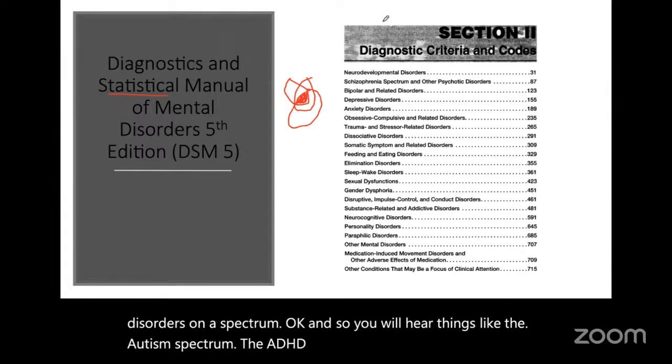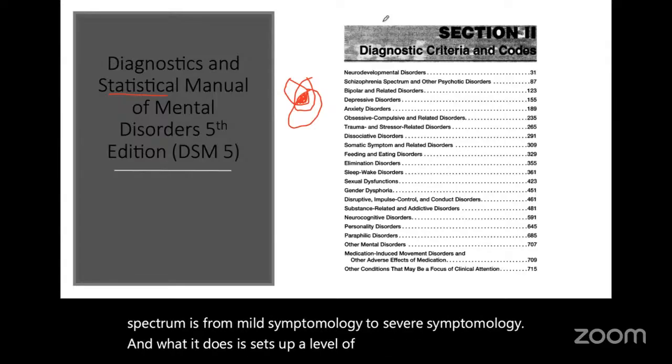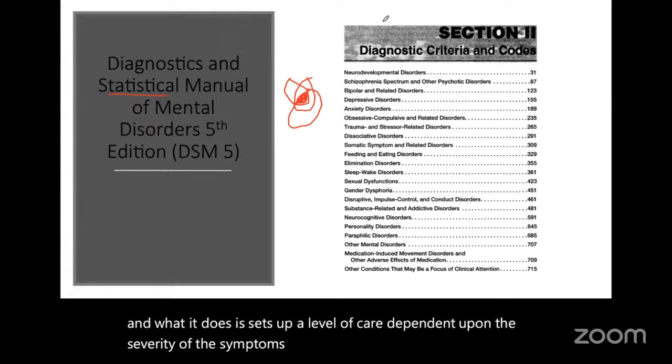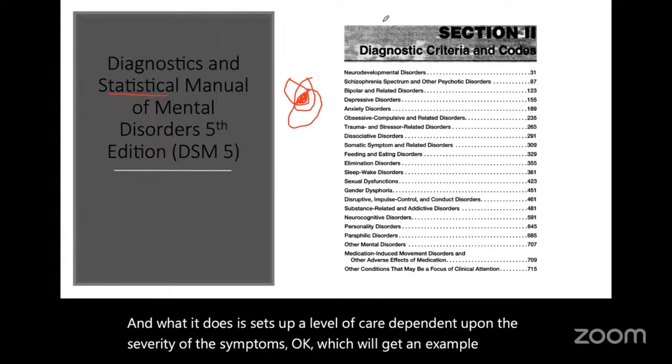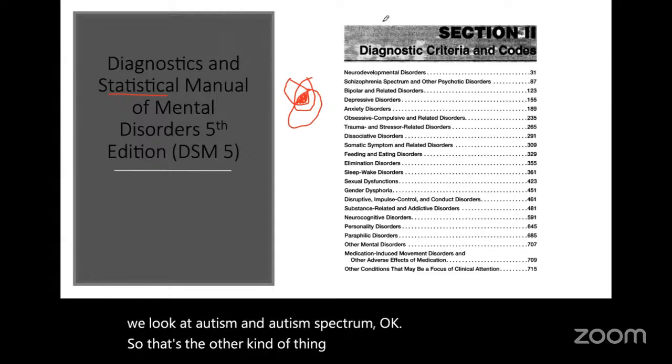Basically, what the spectrum is from mild symptomology to severe symptomology. And what it does is sets up a level of care dependent upon the severity of the symptoms. Which we'll get an example of when we look at autism and autism spectrum. So that's the other kind of thing that the DSM-5 does for us as well.